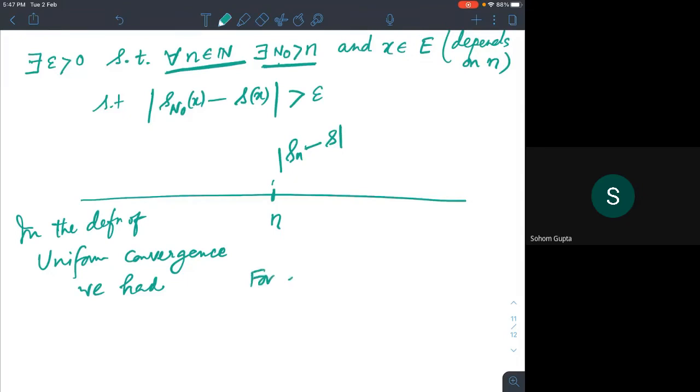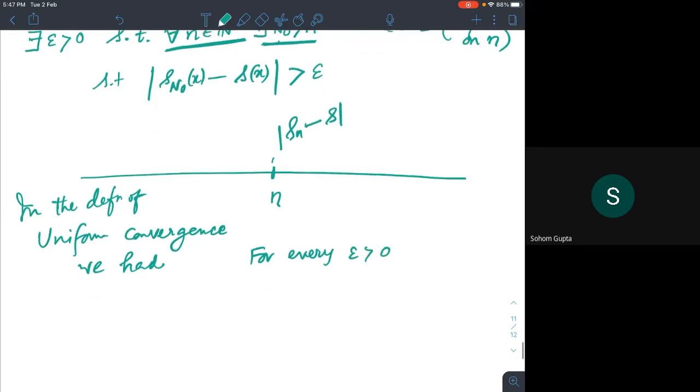For every epsilon greater than 0, there exists n naught such that Sn of x minus S of x is less than epsilon for all n greater than n naught and for all x in E, right?